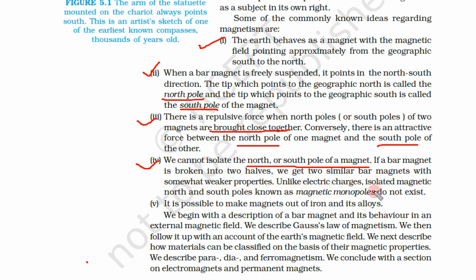Unlike electric charges, isolated magnetic north and south poles, known as magnetic monopoles, do not exist, but in electric systems, positive and negative charges exist separately. It is possible to make magnets out of iron and its alloys. So these are some of the properties related to magnetism.